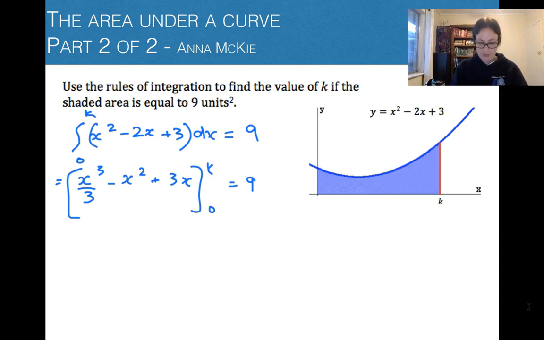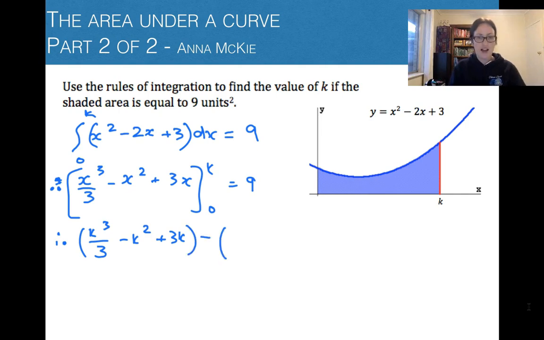Now I probably shouldn't put equals here because I've already got another one on that row, so if you like to put something, put therefore. Round brackets now, we have k cubed on 3, take k squared plus 3k, take away, where we're subbing in 0 now, and all of those will end up being 0, so we'll just write that is equal to 9.